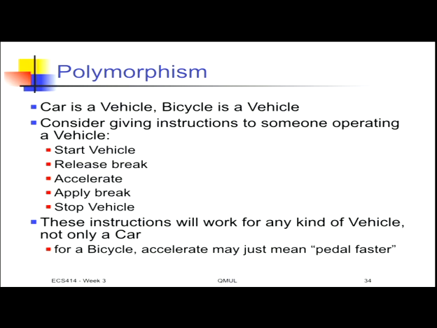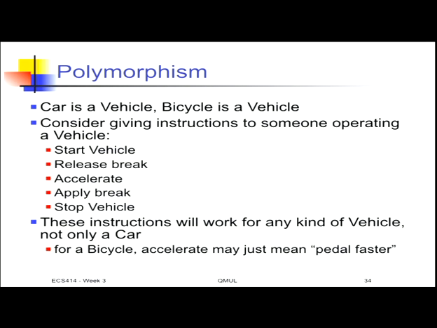We are not talking about a particular vehicle like a car or a bicycle, just a generic vehicle. These statements make sense for a car, a bicycle, a truck, but we can state them at this abstract level without specifying if it is a car or a bicycle.